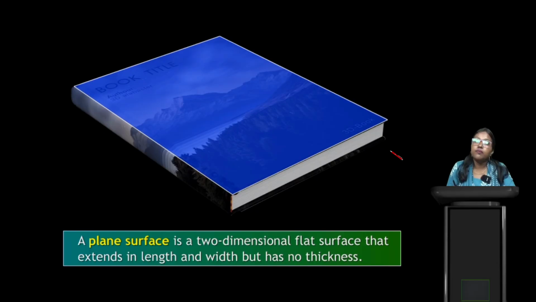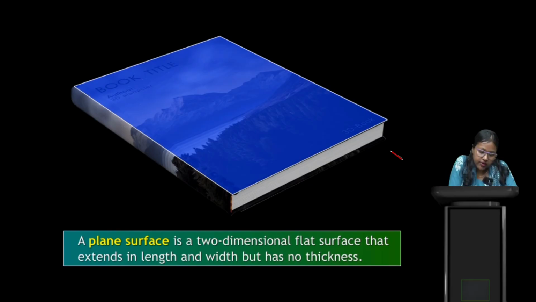So from here, if I ask you, can you define what is a plane surface? So whatever you are observing, are all of them plane surfaces, or is there some other definition of plane surface? So what would be your answer? A plane surface is a two-dimensional flat surface that extends in length and width but has no thickness.